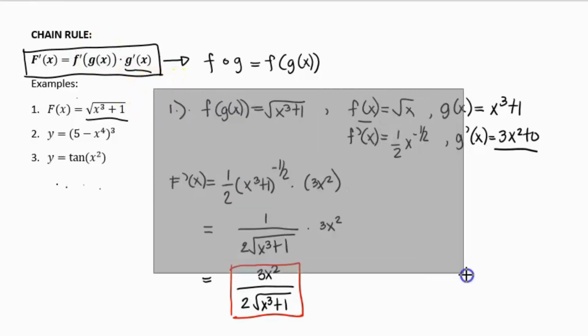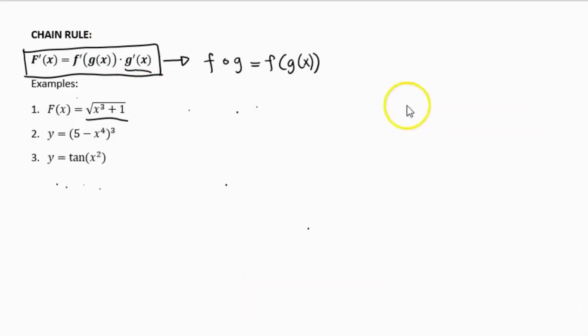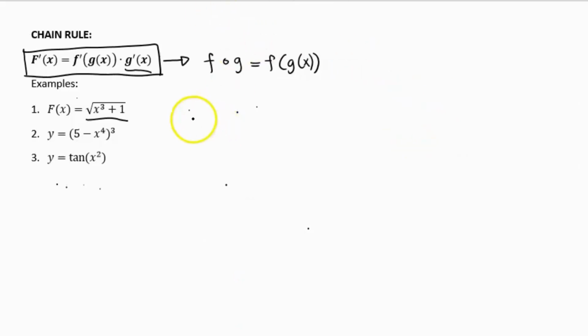Okay, for our next example, we have number 2. For this function, we have y is equal to (5 minus x to the 4th) cubed.